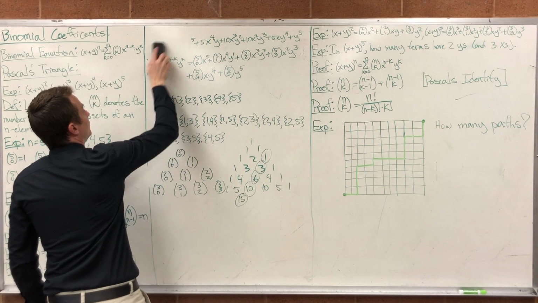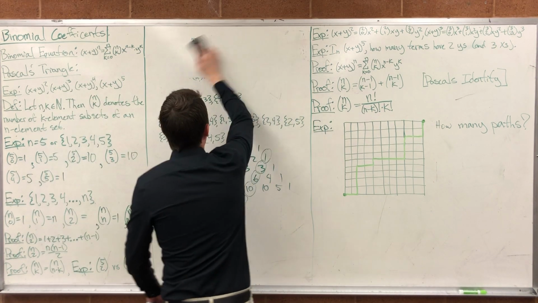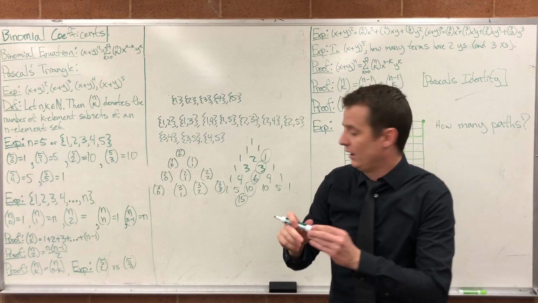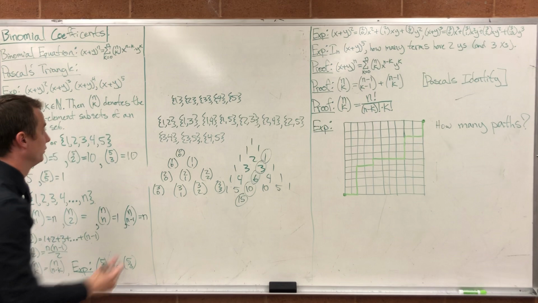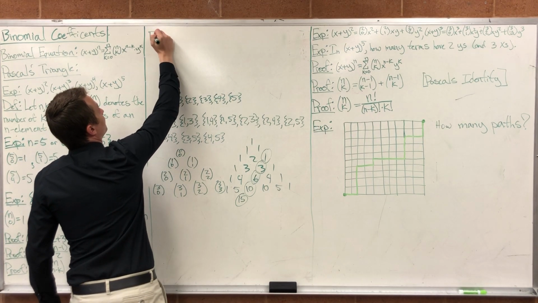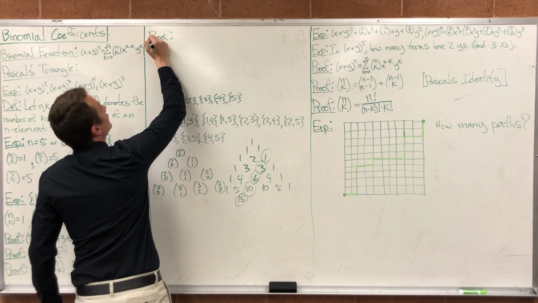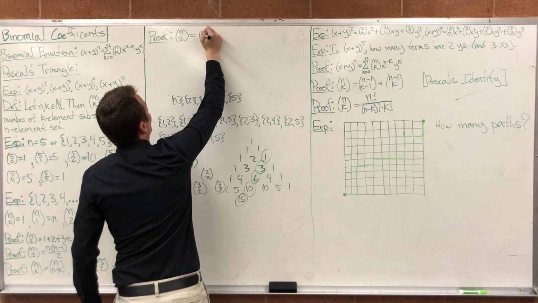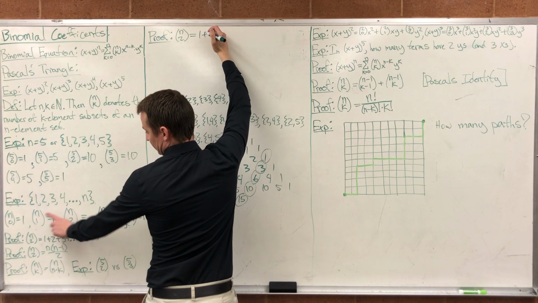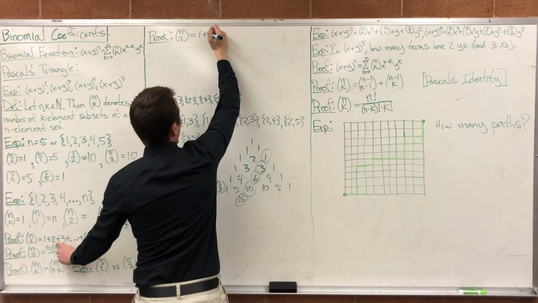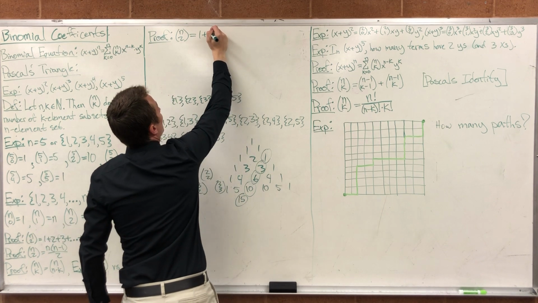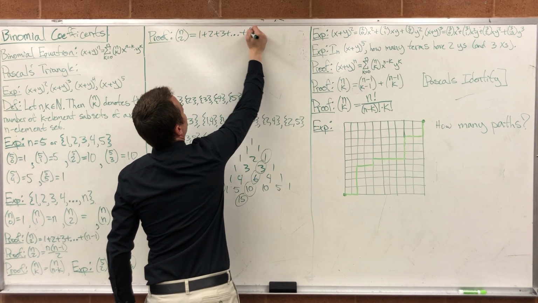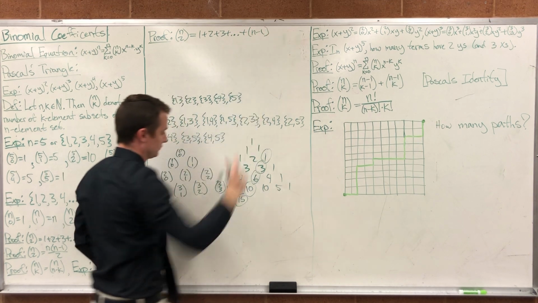I think we can erase some of this. I won't write out all the steps of the proof, but I'll walk you through the intuition to make sure that makes sense. So the proof that n choose 2 is equal to 1 plus 2 plus 3 plus ... plus n minus 1.